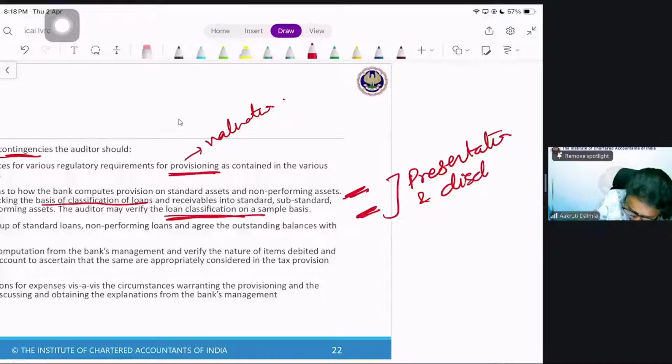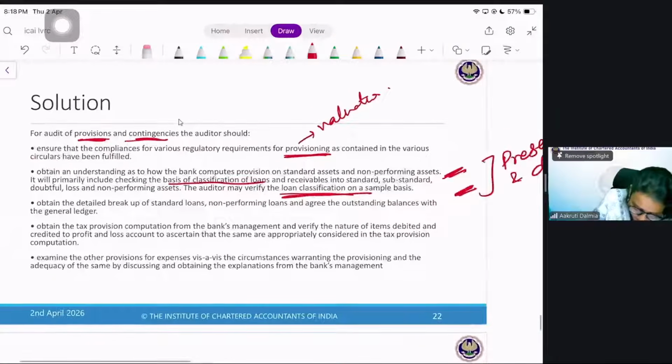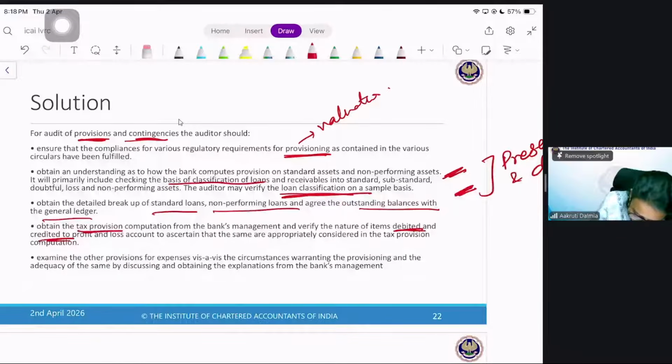Then what is given? Obtain detailed breakup of standard loan and non-performing and agree with outstanding balances. Obtain tax provision computation from management and verify the nature of items debited and credited to P&L to ascertain that the same are appropriately considered in tax provision.